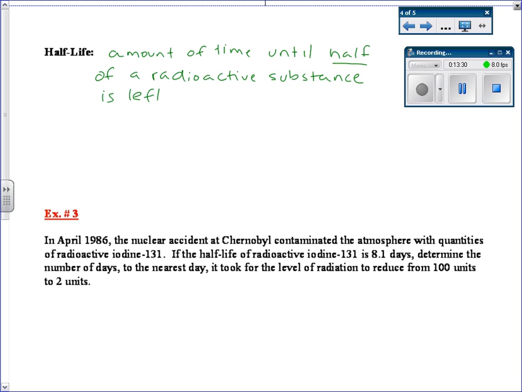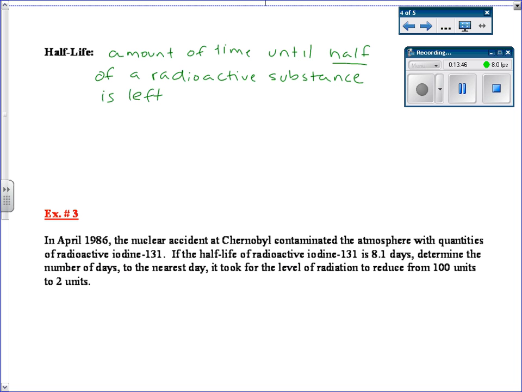And different types of radioactive substances have different half-lives. Sometimes a half-life can be like 6 milliseconds, a very fast thing, it might be a couple of years, it might be a million years. There's many different types of radioactive materials, and they all have an individual and unique half-life.